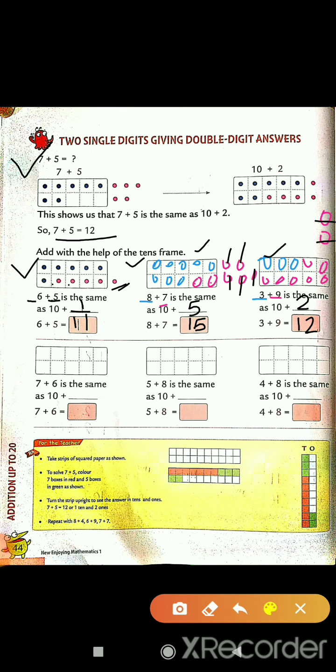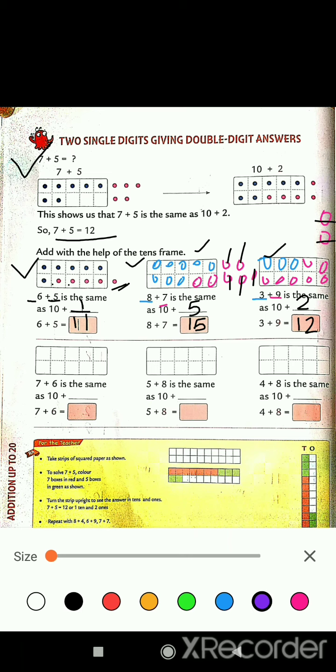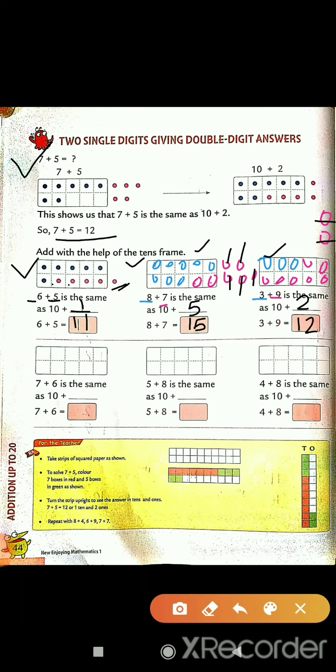Next, 7 plus 6 is the same as 10 plus dash. So how many blue balls are there? 7. So 1, 2, 3, 4, 5, 6 and 7.